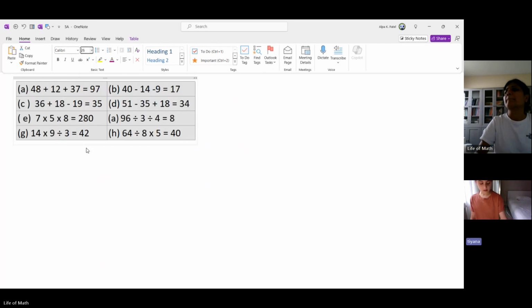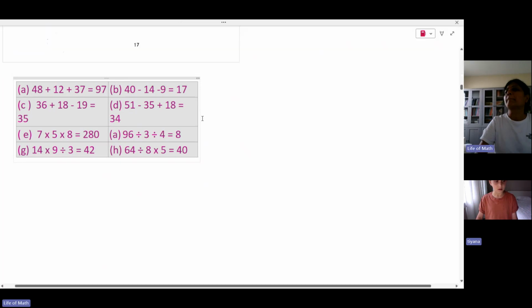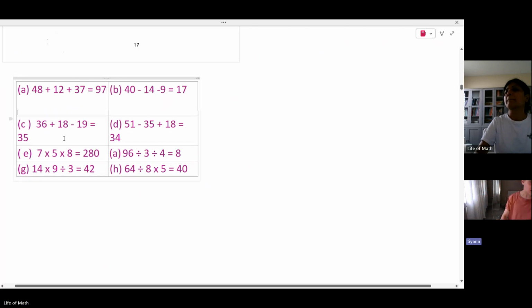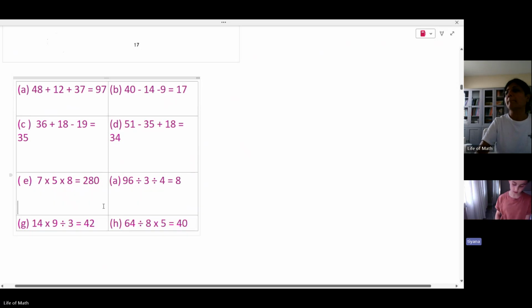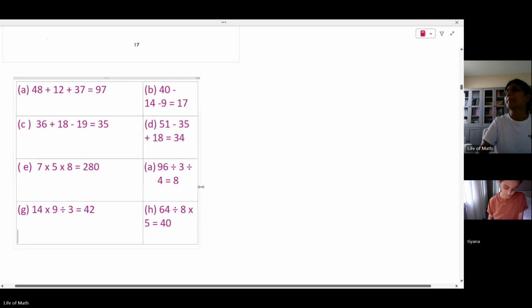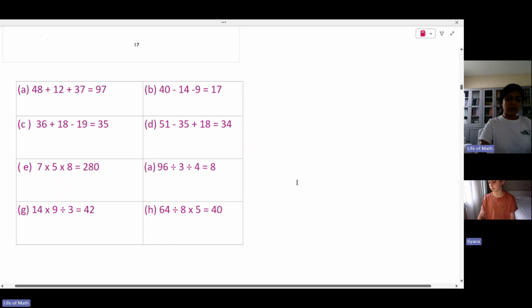The last one, check. Oh no, it's 42. It's 42, never mind. Because I just realized if I do 9 divided by 3, which is 3, then 3 times 14. Okay, I got them all right. You got it all right, right? Mm-hmm.